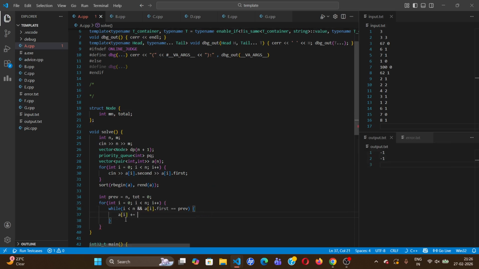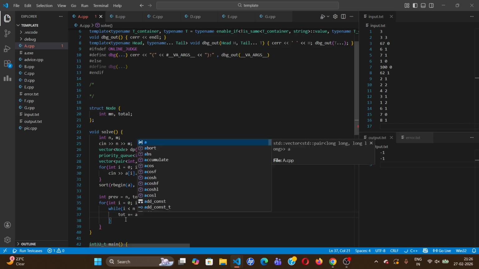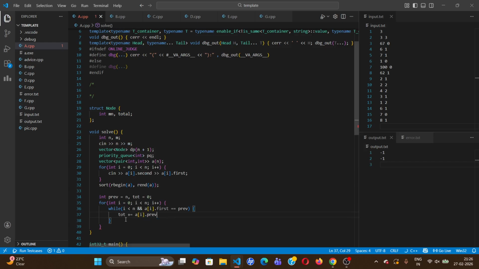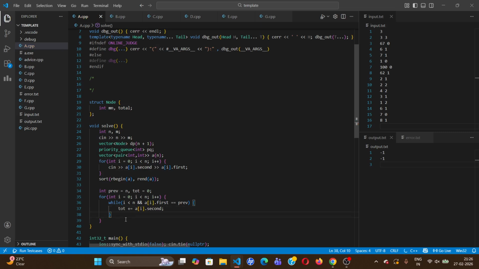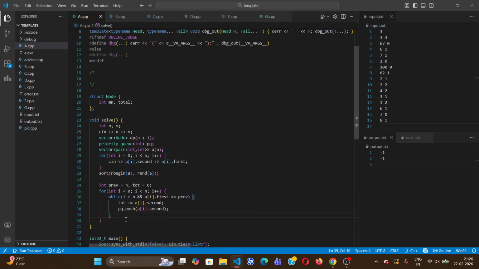E of i plus equals to total plus equals to a of i second, right? And we are pushing the value. The priority queue must be the minimum.